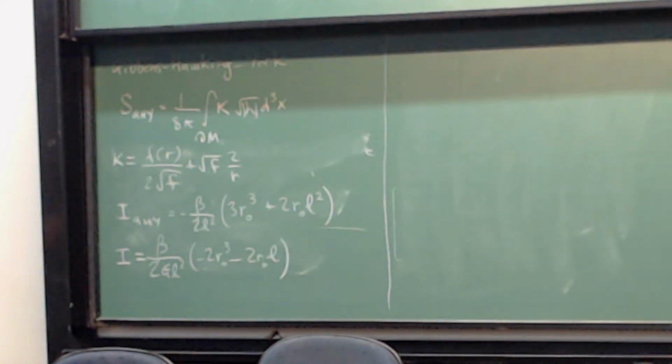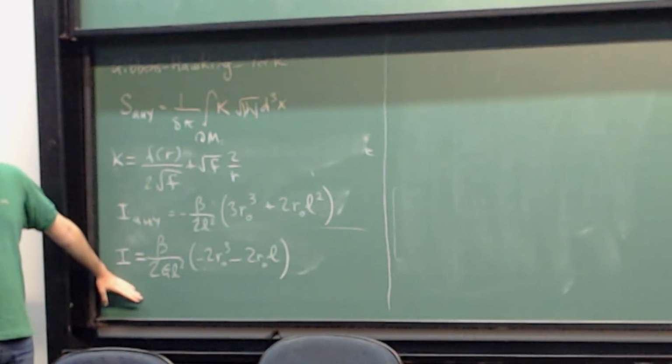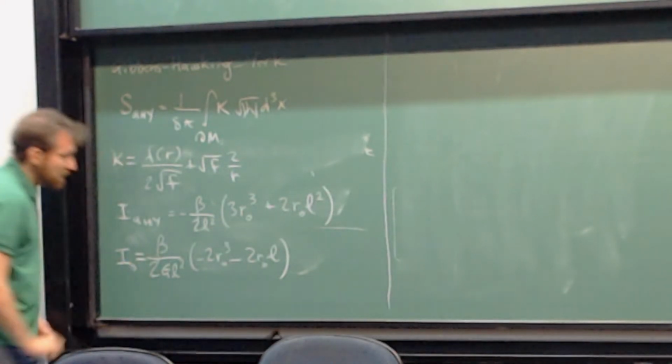In order to compute the on-shell action of the entire space, I will need to take r0 to infinity, because I was computing only in something finite. But then in order to compute the on-shell action of the entire space, I need to remove the cutoff. I need to take r0 to infinity. However, you see that this diverges if I take r0 to infinity.